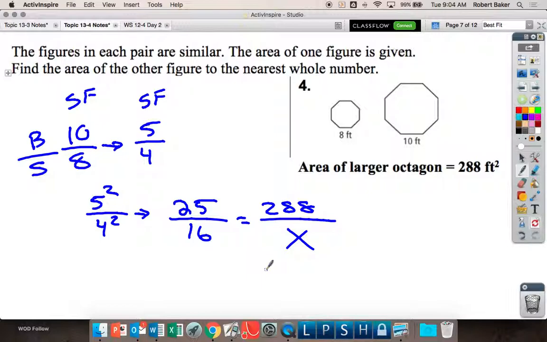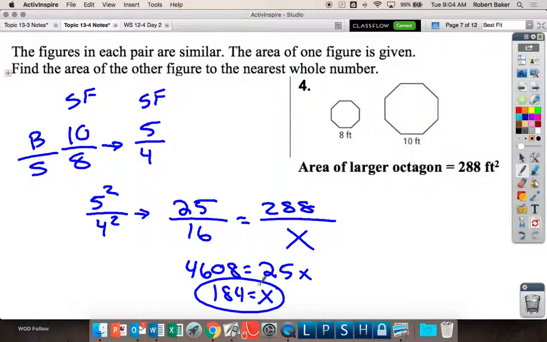So if I do 288 times 16, you get 4,608. 25 times x is 25x. Divide both sides by 25, and it says to the nearest whole number, so it's just 184. So the area of the small octagon is 184 feet squared.